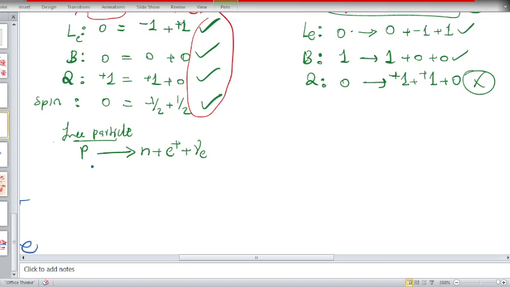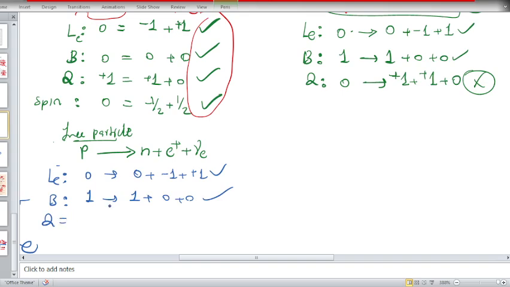If you check the lepton number, what will happen? Lepton number will be 0 here. Then on the other side you have 0 plus, this one is minus 1, this one is plus 1. So lepton number is conserved. Baryon number, if you consider 1 here, then this one is also 1 plus 0 plus 0. Baryon number is conserved. Charge for proton is plus 1, and for neutron 0, positron plus 1, neutrino 0, so charge is conserved.